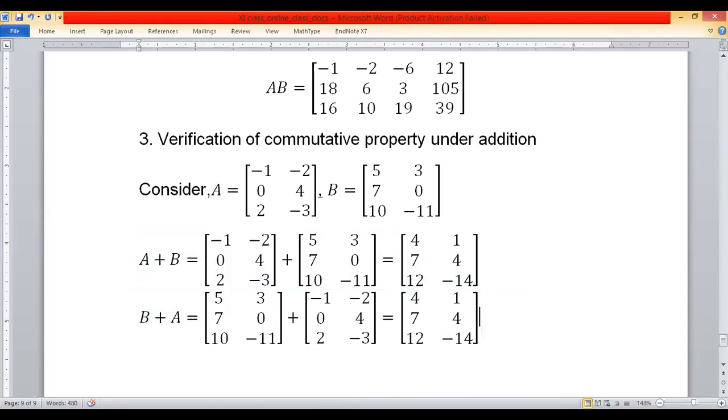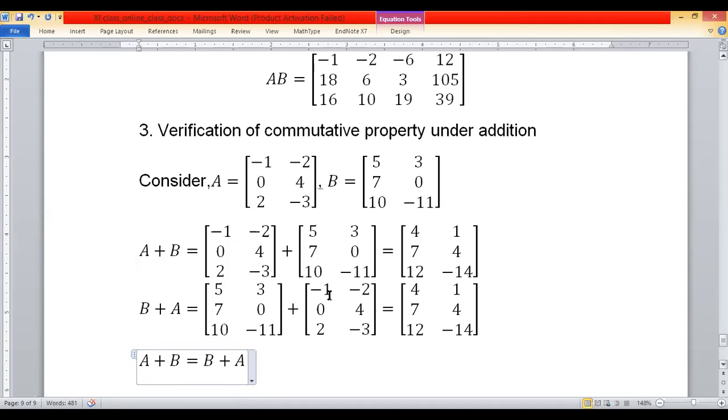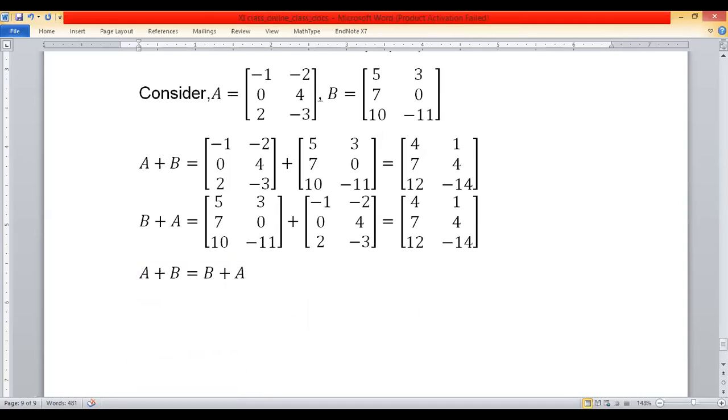So you can say A plus B matrices is always the same as B plus A. So this is a verification of the commutative law under addition, but the commutative law in multiplication is not true.